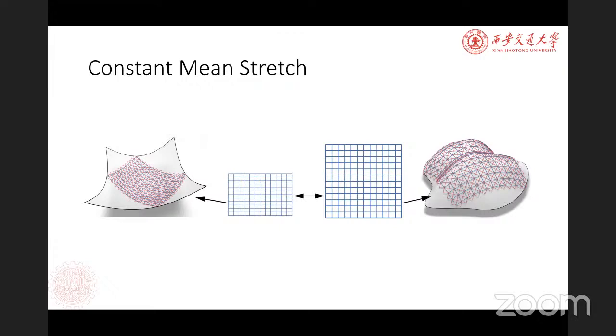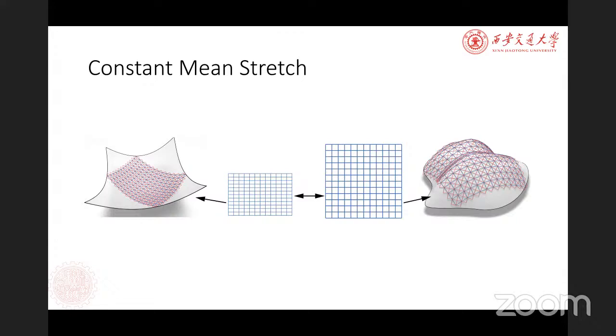The left one is the reference of the closed state, and the right one is the reference surface for the open state. In the middle, there are two grays. They satisfy the constraints of constant mean stretching.